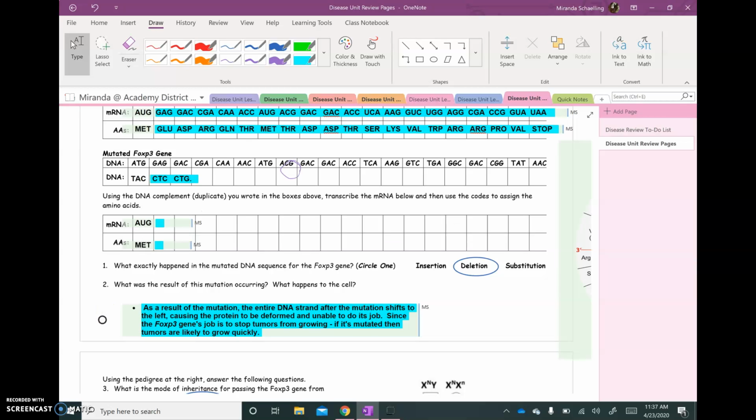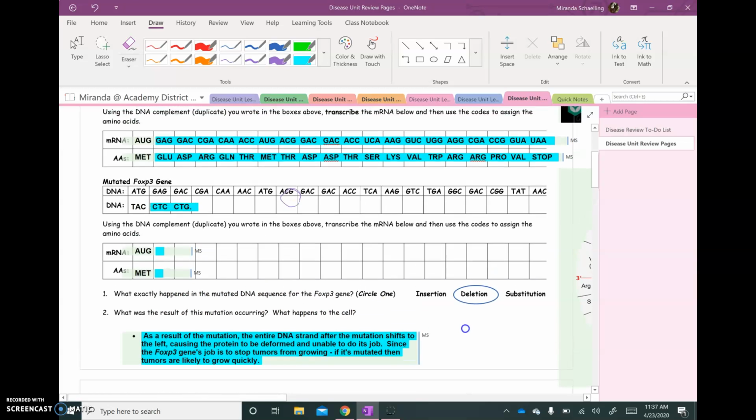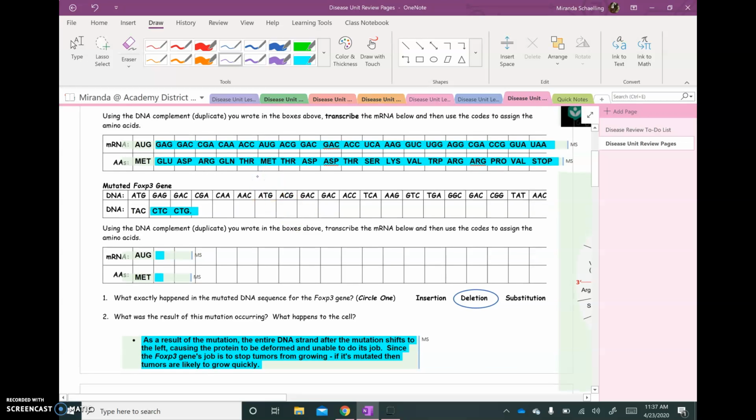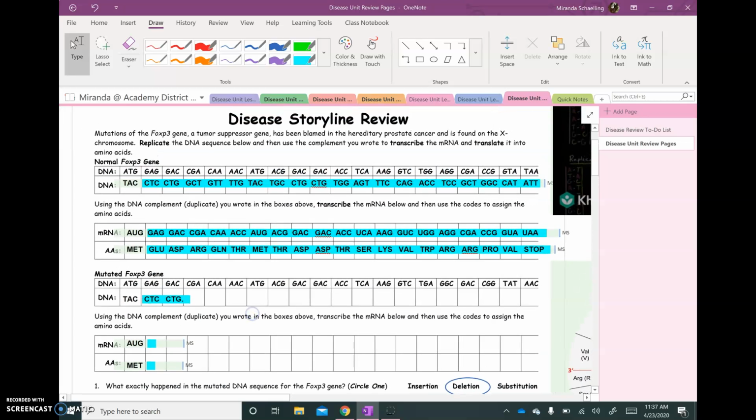All right. What exactly happened in the mutated DNA sequence for the FOXP3 gene? If we take a look at our DNA sequences, this first one's good: GAG, GAC, CGA, CAA, AAC, ATG, ACG, GAC, GAC again, ACC, TCA, AAG, GT.